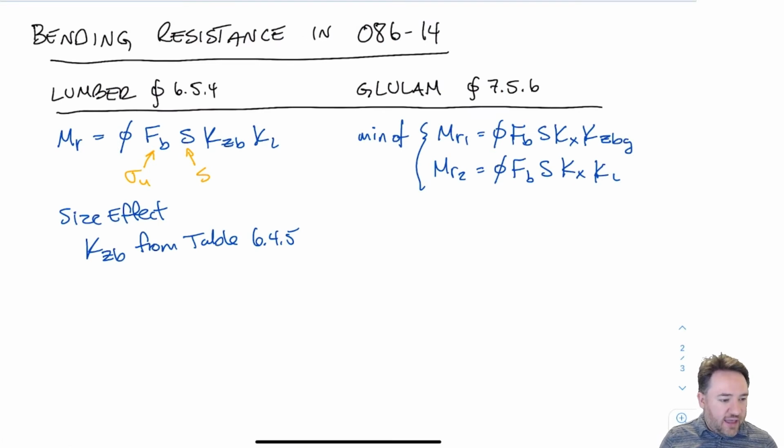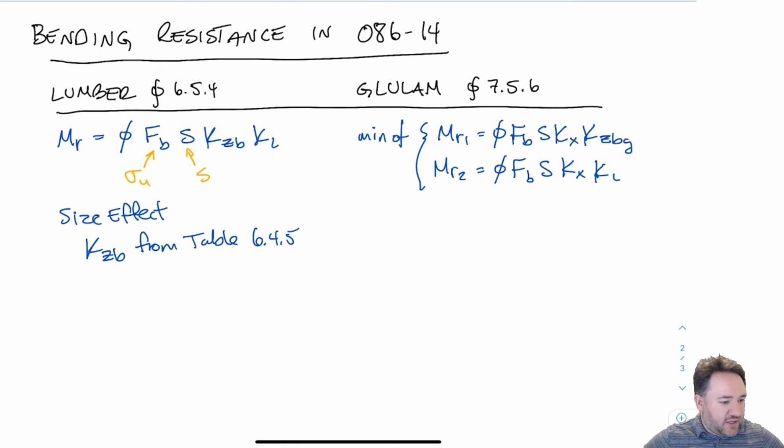And then the KL, which we're going to talk about at some length and are going to require a separate video to talk about in detail, is our lateral stability factor, which is the factor that accounts for lateral torsional buckling. So when we're talking about stability, sometimes what we're talking about is buckling, because buckling amounts to a loss of stability. So that's why it's called lateral stability factor.